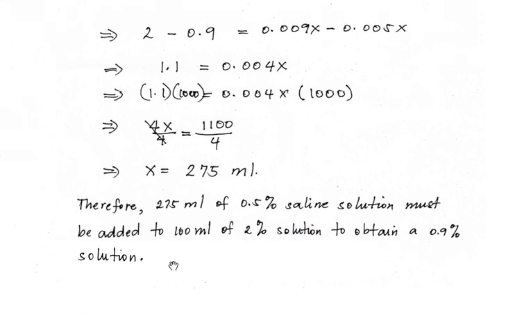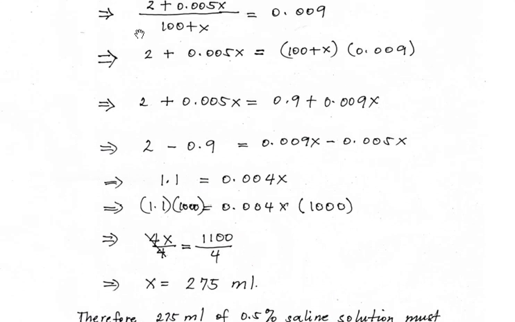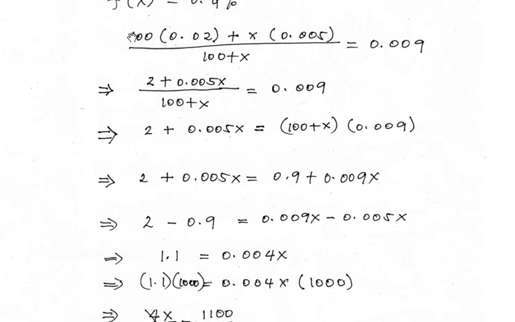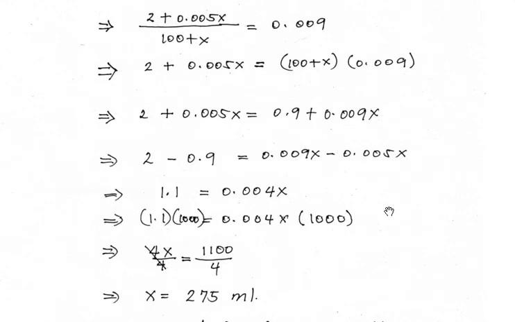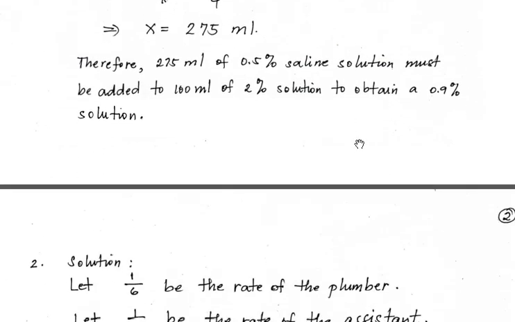Verifying is to go back to the original equation and substitute x equals 275 ml, and coming up with a 0.9% value will validate that x is the required number of milliliters to be added. So this is the solution for number 1.